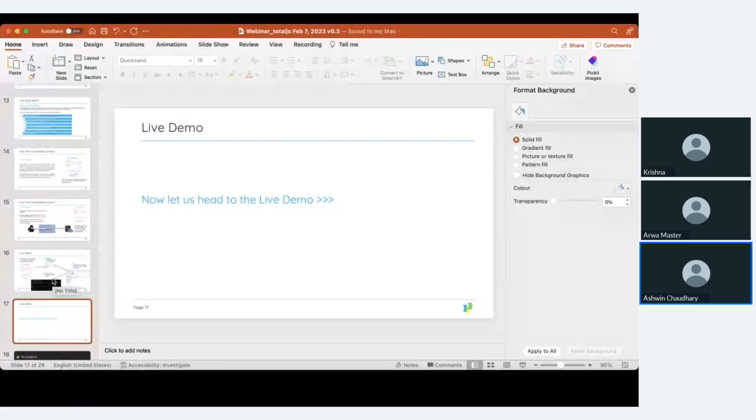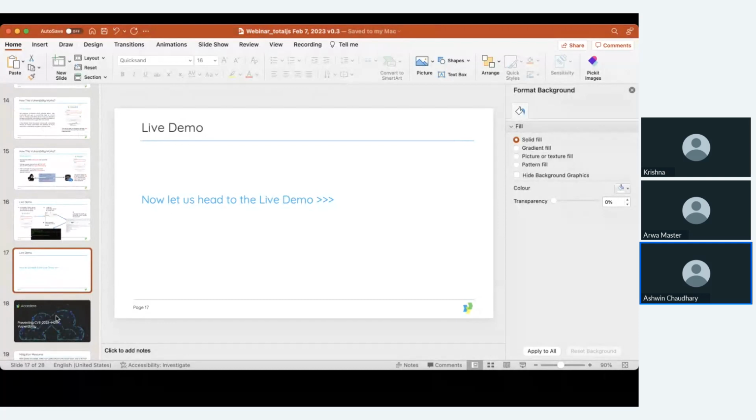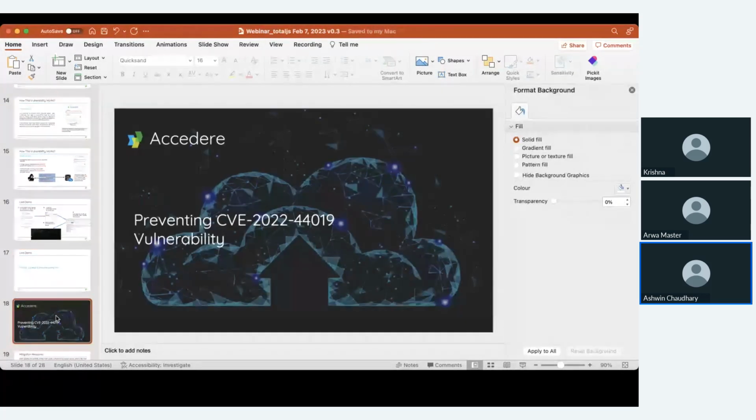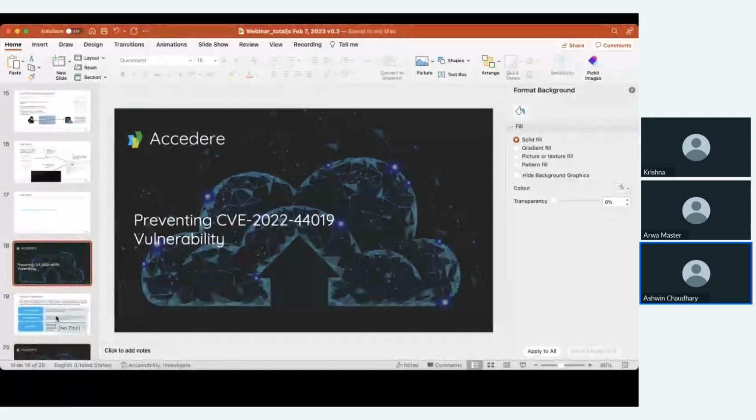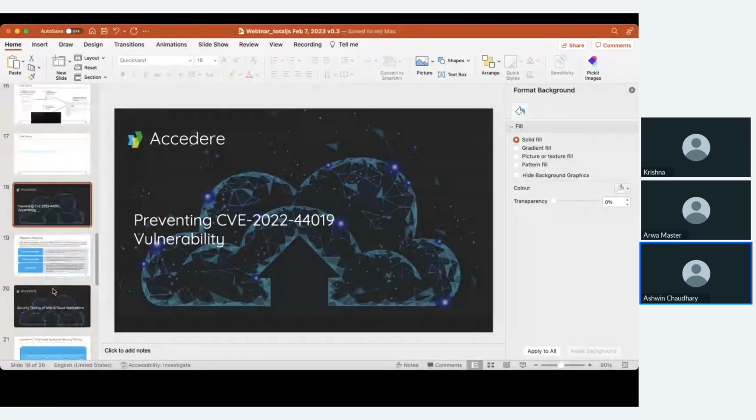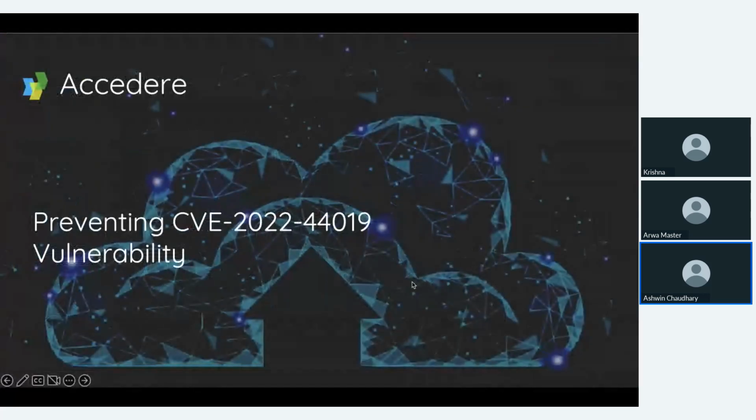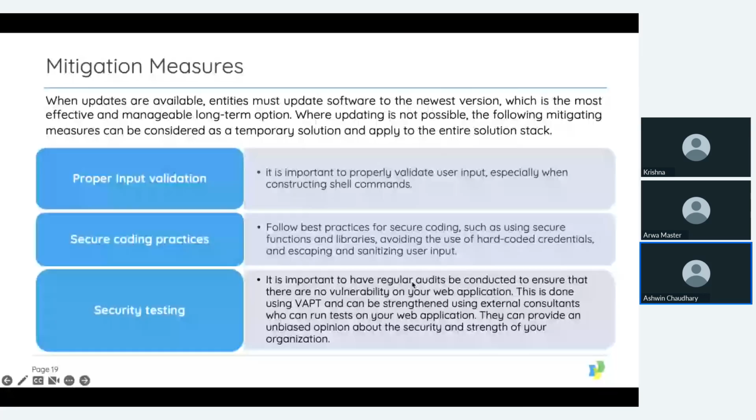I hope you will take advantage of this live session and try, not to exploit, but to save your environments from hackers who can use this vulnerability to exploit your systems. So how do we prevent hackers from exploiting this vulnerability?